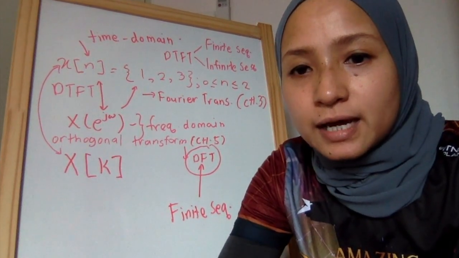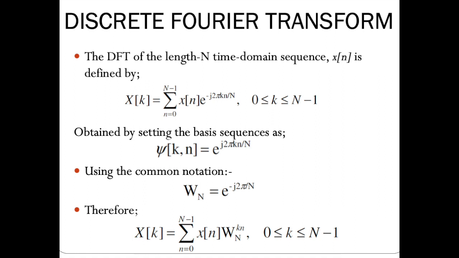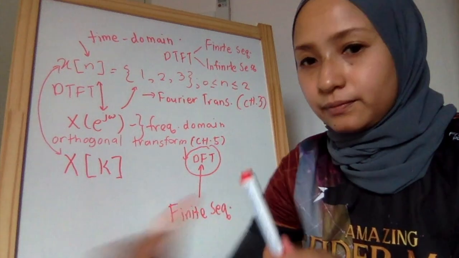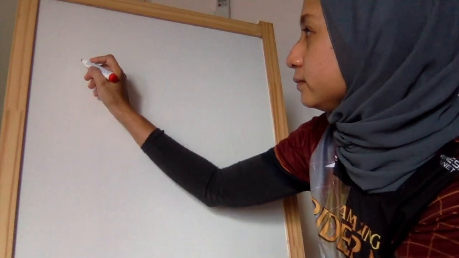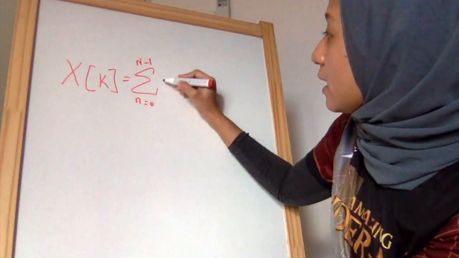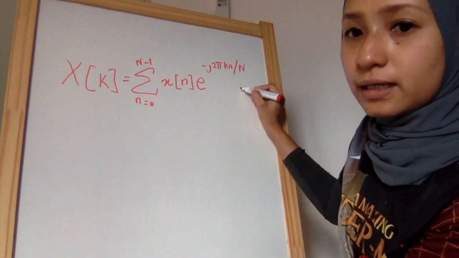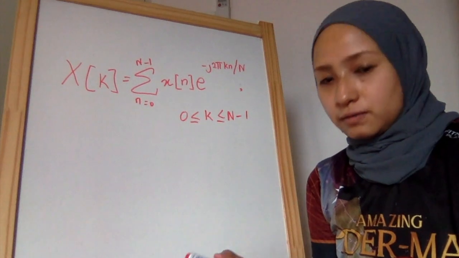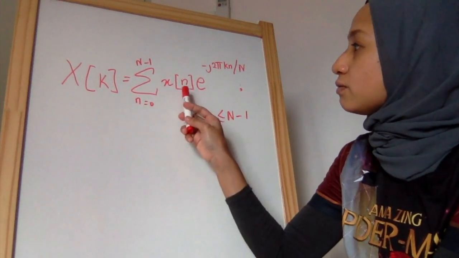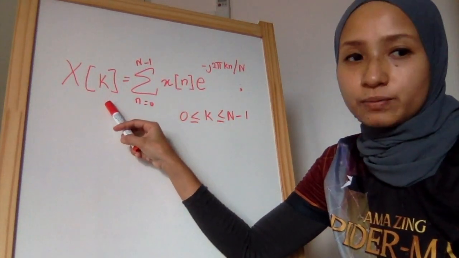Okay, so the DFT of a length n time domain sequence xn is defined by Xk equal to the summation of xn exponent minus j2 pi kn over capital N. If you look at this equation, this is the DFT equation, which converts from time domain to frequency domain.